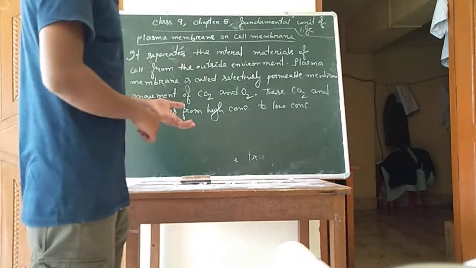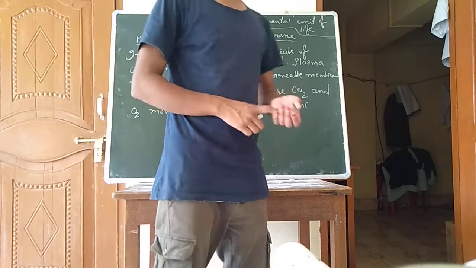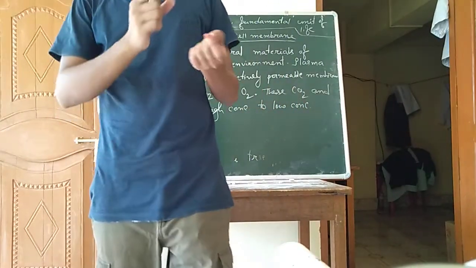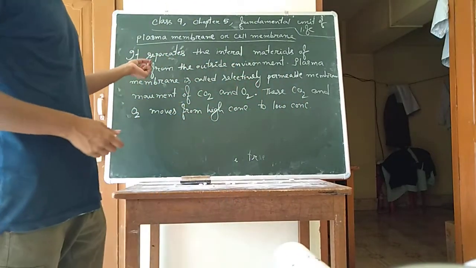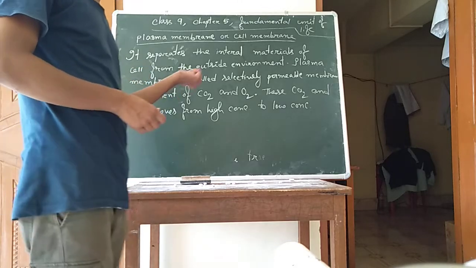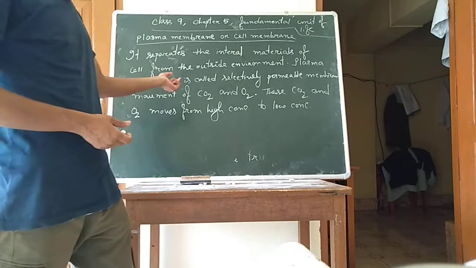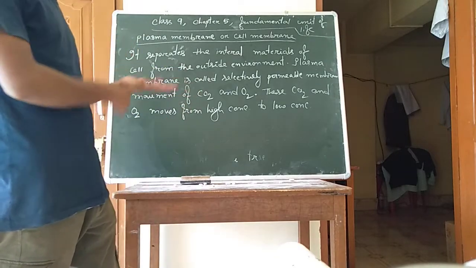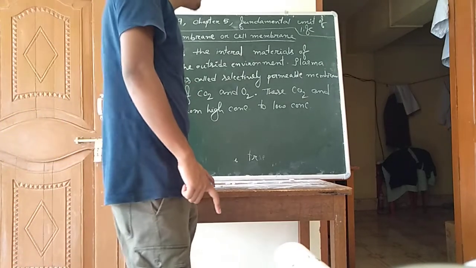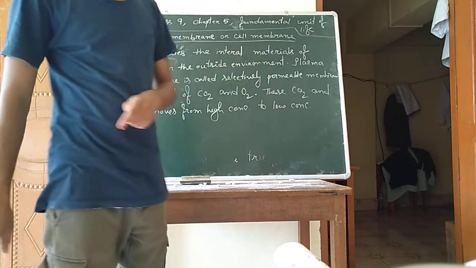For example, if at some place inside the cell the concentration of carbon dioxide is high, and at some other place inside the cell the concentration of carbon dioxide is low, then this carbon dioxide goes from the high concentration region to the low concentration region.